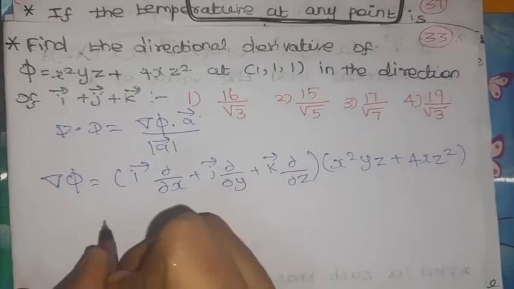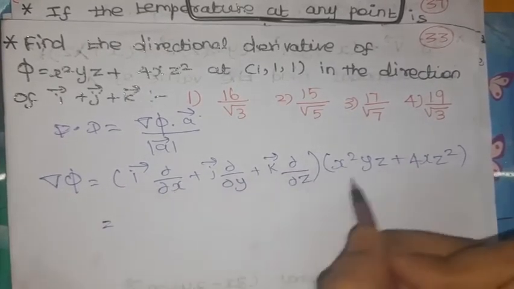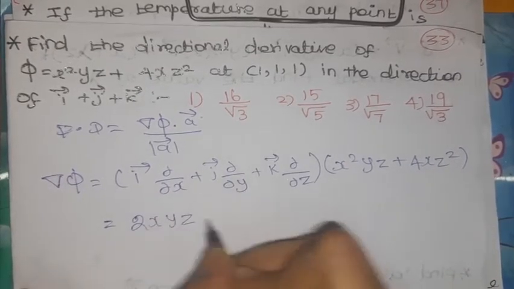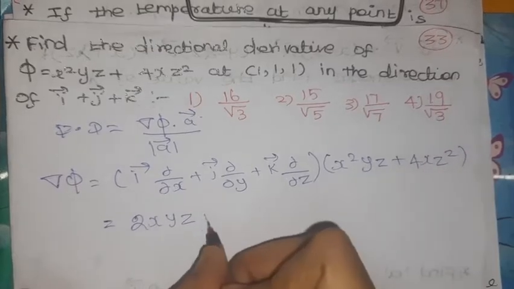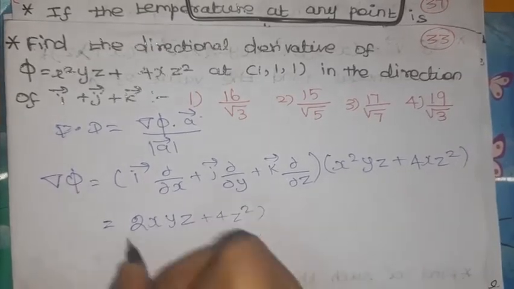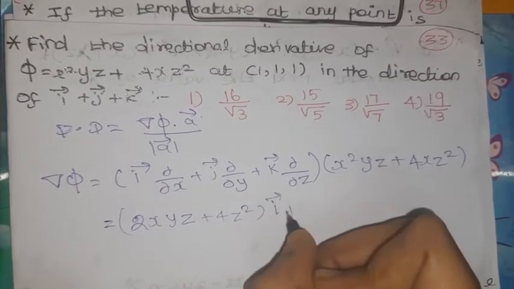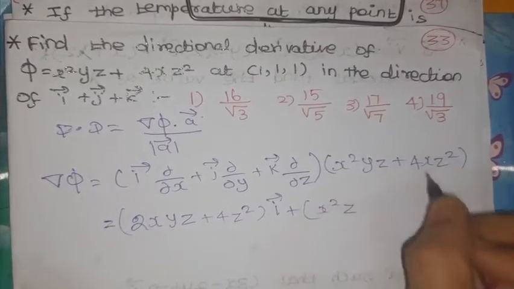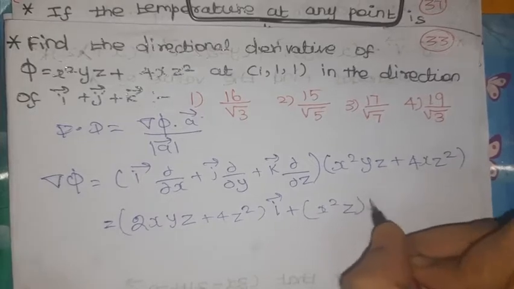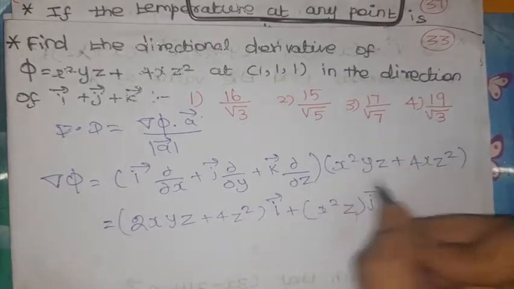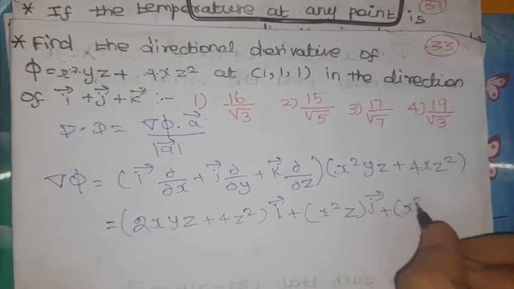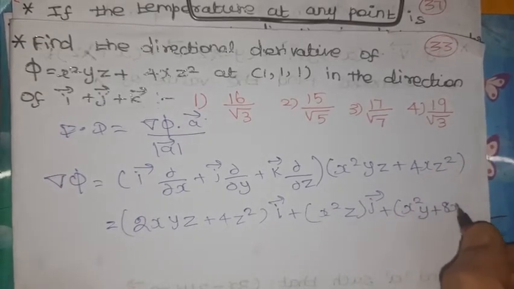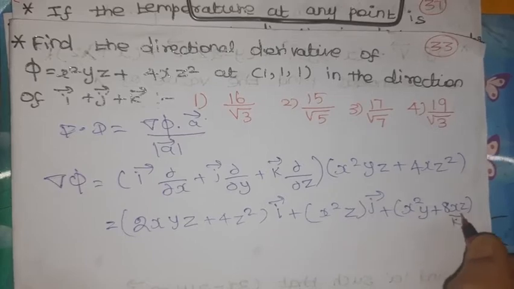Dou by dou x gives 2xyz plus 4z squared, into i vector. Dou by dou y gives x squared z, since there is no y term in the other part, into j cap. Dou by dou z gives x squared y plus 2 into 4, that is 8xz, into k vector.